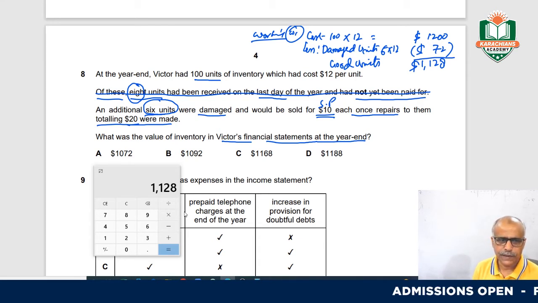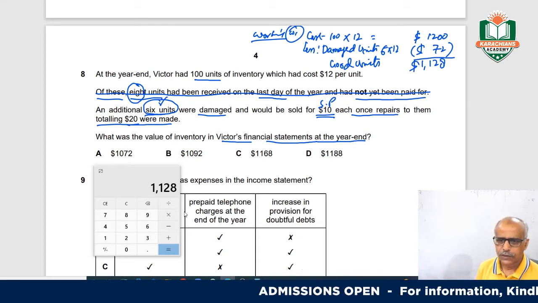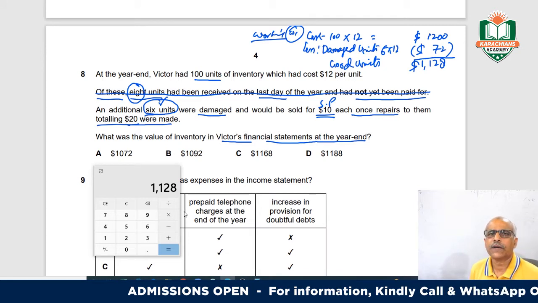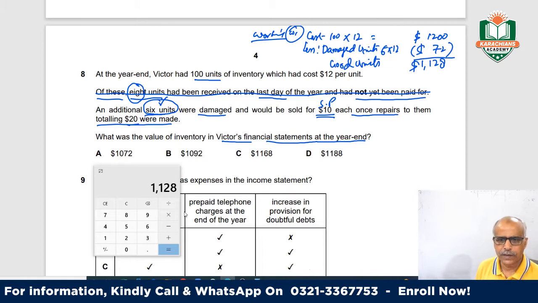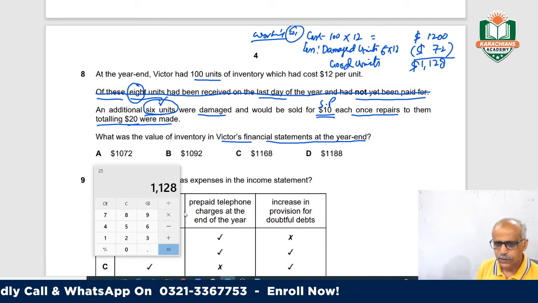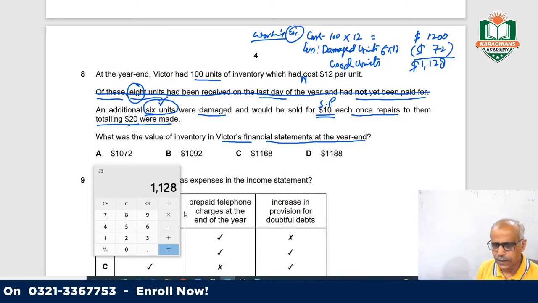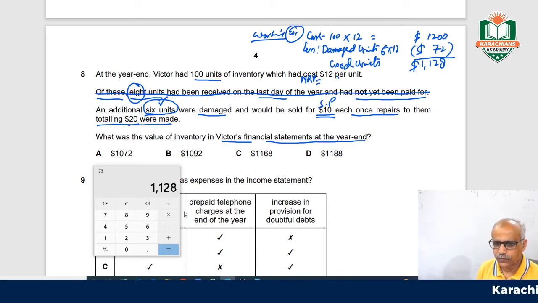Now you have these 6 units you have to calculate, and we have to consider cost or net realizable value, whichever is less. So if we calculate its NRV, how much would it be? NRV of 6 units.